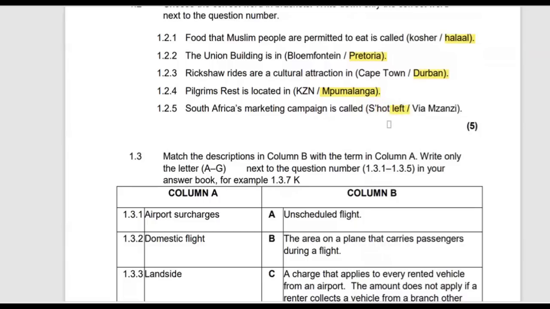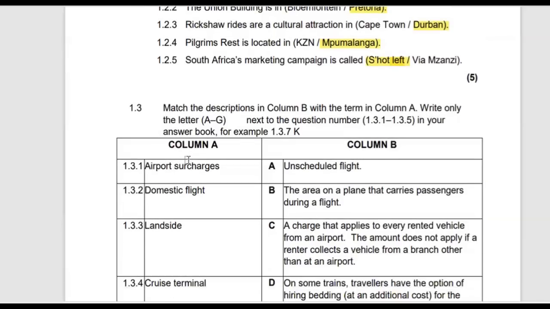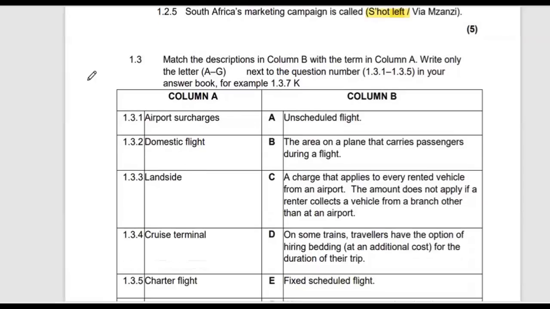South Africa's marketing campaign is famously known as the Sho't Left campaign, which brings us to the next question, which is question 1.3. 1.3 reads, match the descriptions in column B with the term in column A. Write only the letter A to G next to the question numbers 1.3.1 to 1.3.5 in your answer book, for example, 1.3.7 K. So in this case, we are going to be writing the correct letter next to the question number. So the first question reads, airport surcharges.